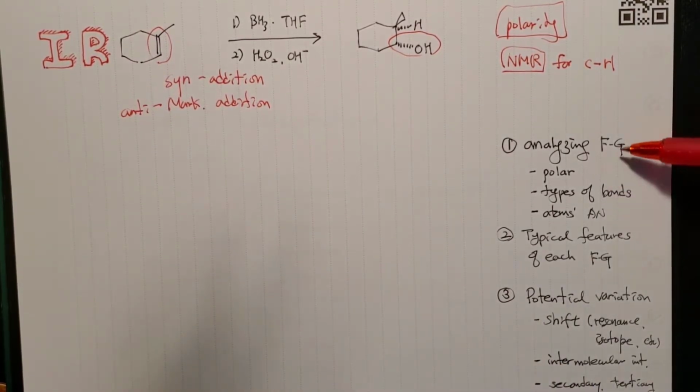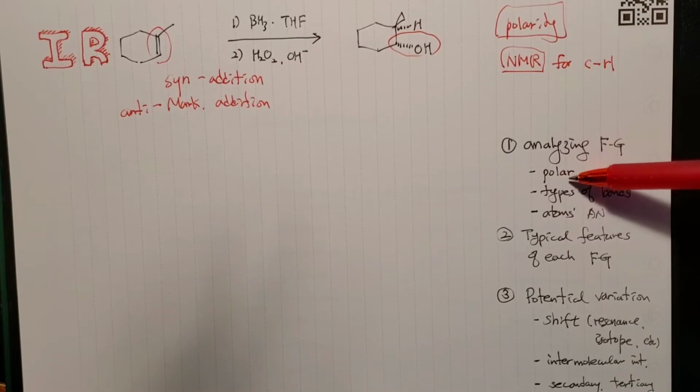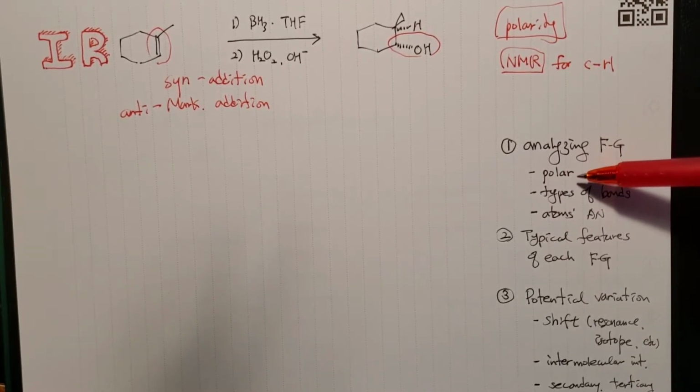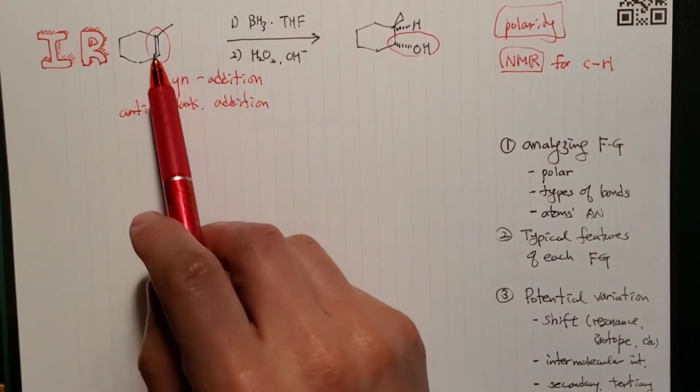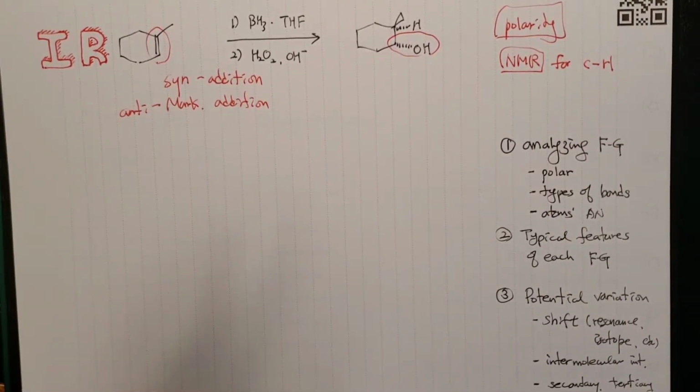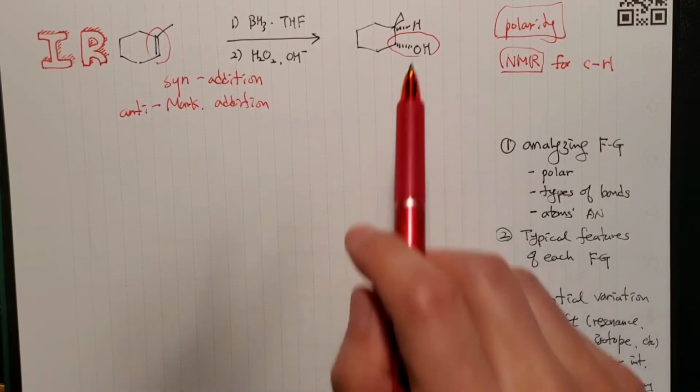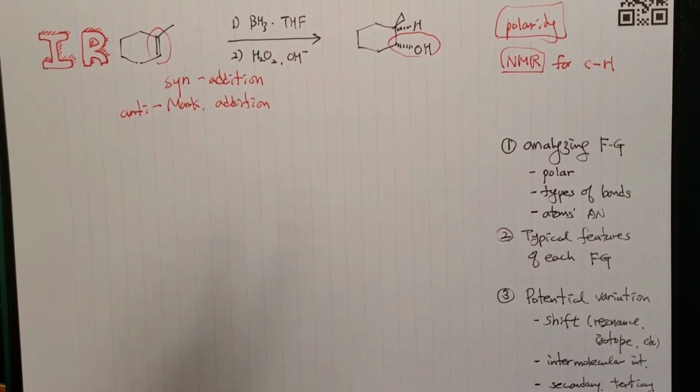First, you have to check if your functional group is polar, then it's easier to detect. If it's not, then you have to be careful when you assign a certain signal as a certain functional group that's not as polar, because that's not as trustable as a signal for polar functional group.